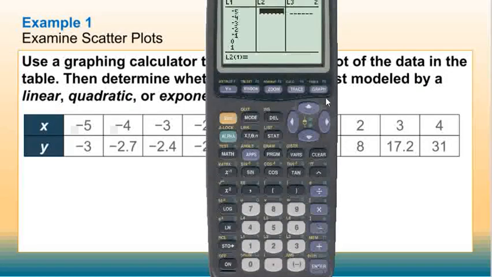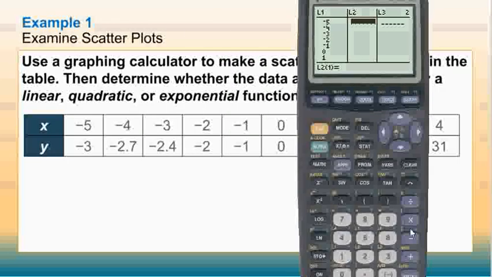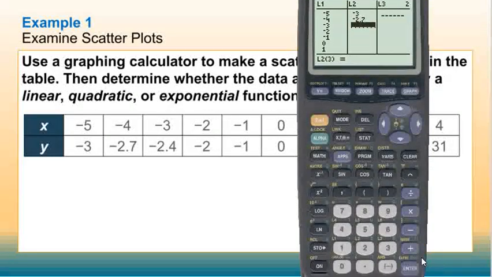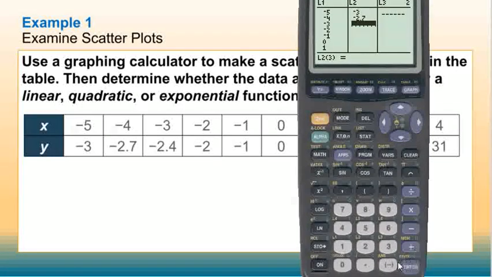Then for the other side, our Y values, type in -3, -2.7, then we have -2.4, -2, -1, 0.